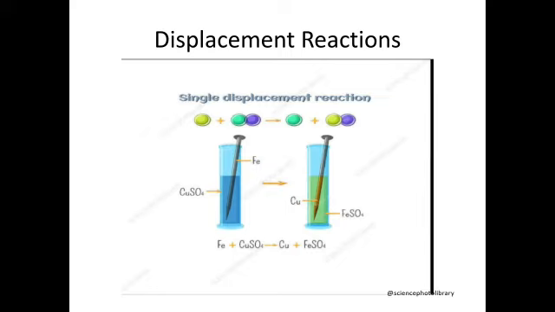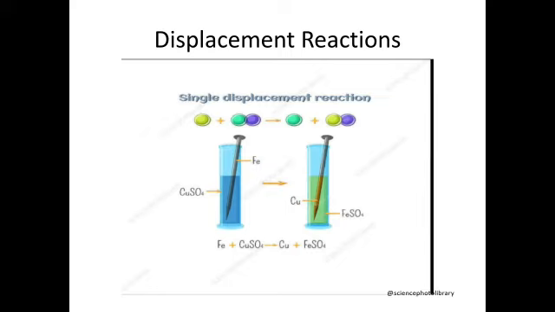Here the displacement happens only because iron has higher reactivity than copper. If some element with lower reactivity than copper comes into the solution, there will not be a displacement reaction. Hope you have understood.